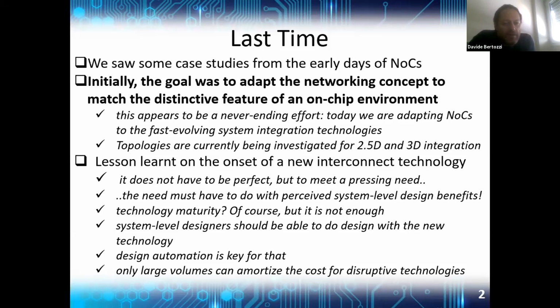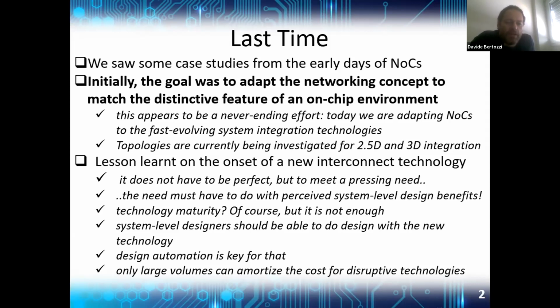At the same time, we learned some important lessons on the onset of a new interconnect technology. So we saw that in the early days, there was an intensive cross-benchmarking effort between state-of-the-art buses and networks on chip. And the industrial uptake of networks on chip happened not because this was a perfect solution.